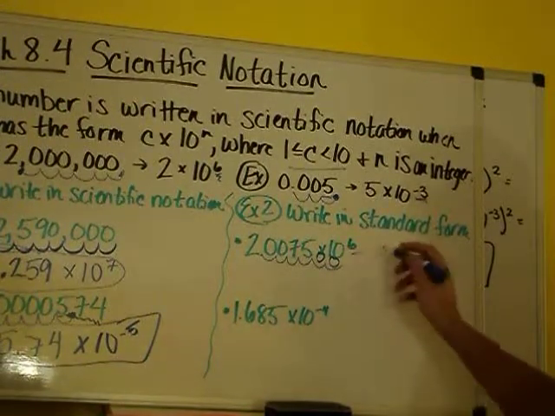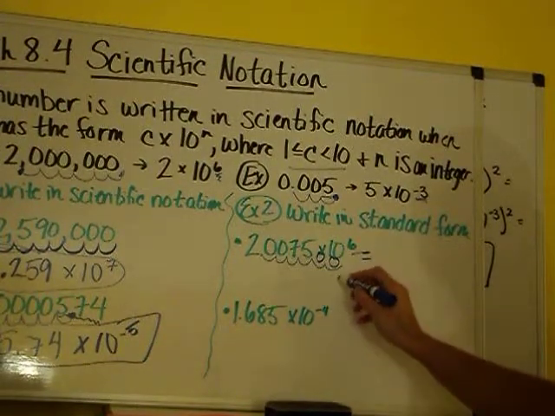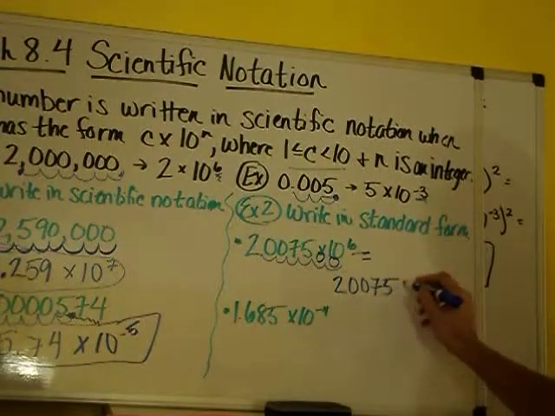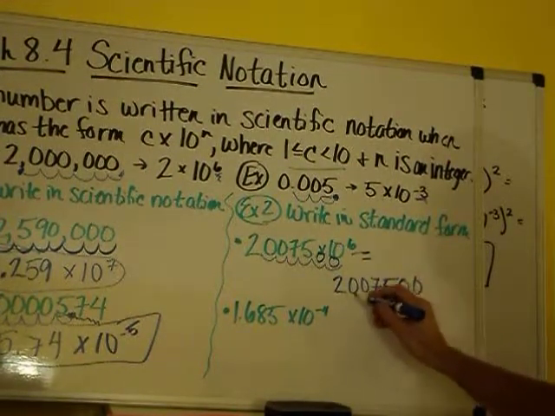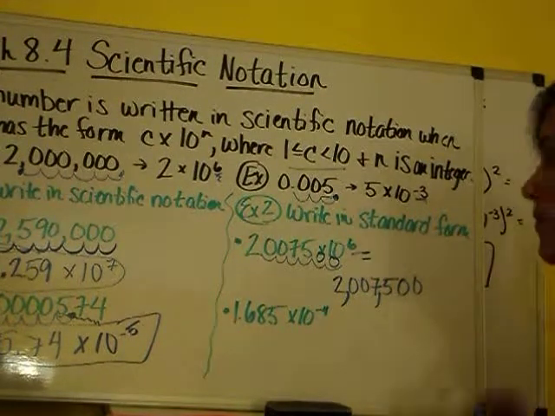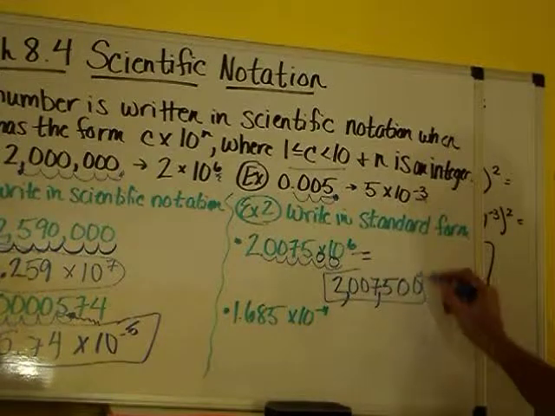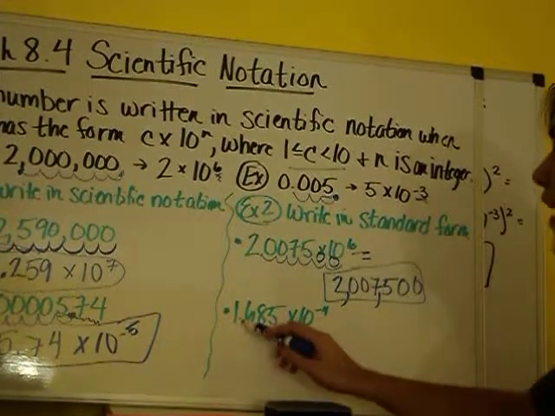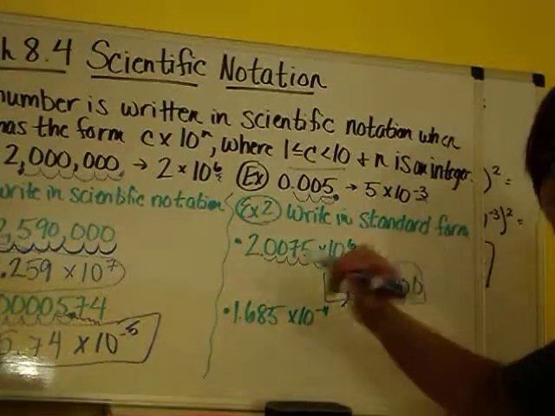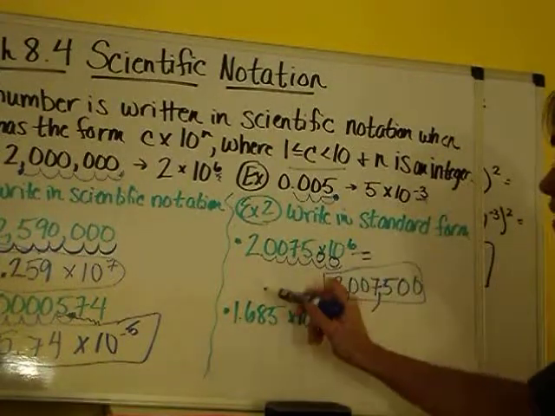So the number that this equals in standard form is going to be 2007500, which is 2,007,500. Okay? And down here I have 1.685 times 10 to the negative 4. Negative, we're moving in the left direction, 4 spots.